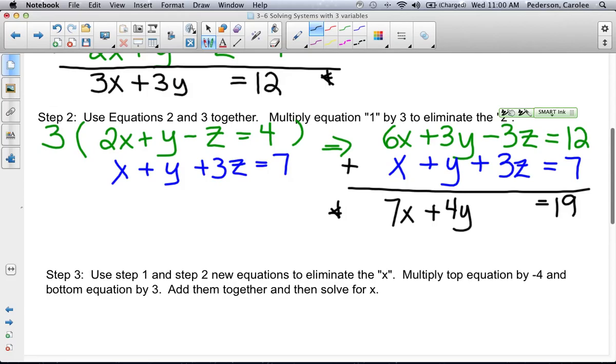Those are the two equations we're going to use in step 3, so I'm going to write down those two black equations: 3x plus 3y equals 12, and 7x plus 4y equals 19.